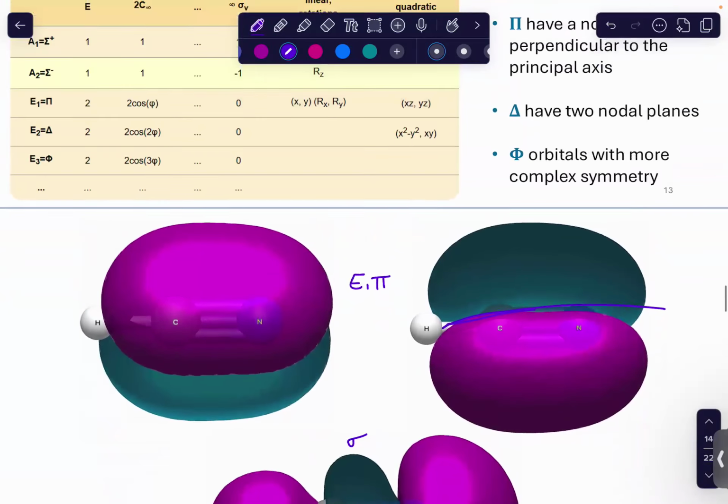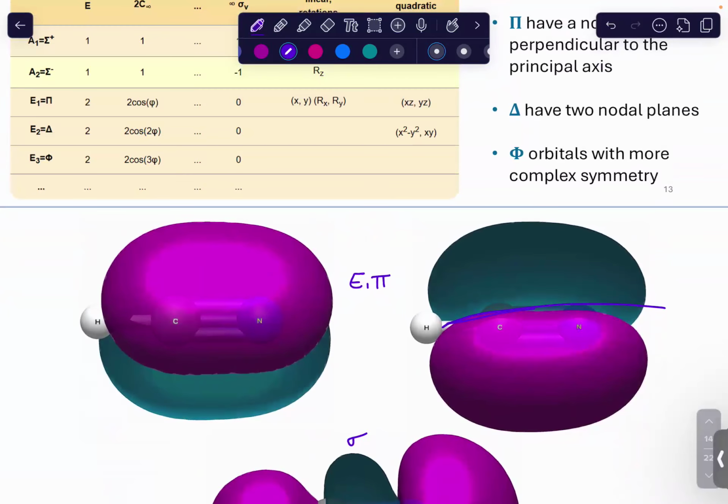It's the only one at this energy, so it can't be an E2 delta or an E3 phi, even though there are two nodal planes there.